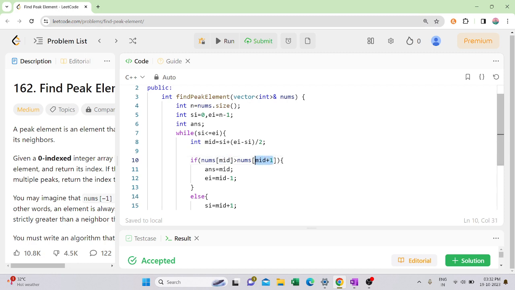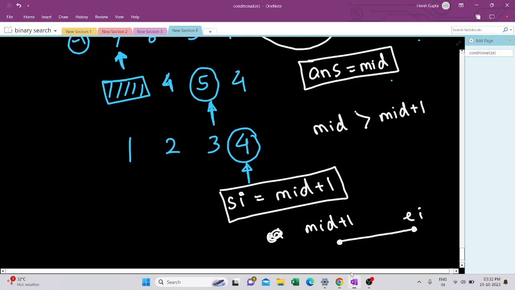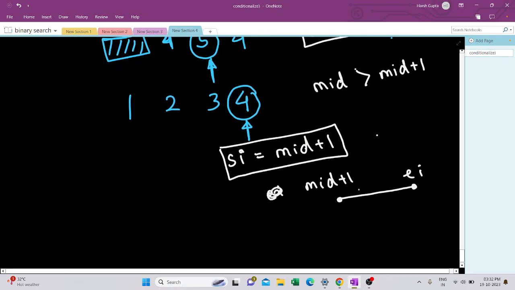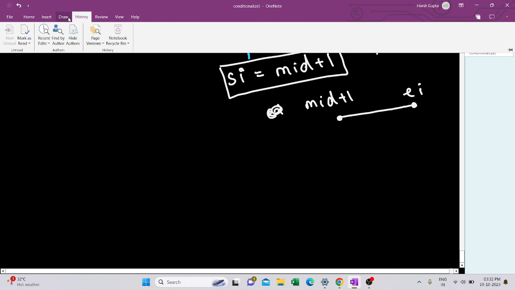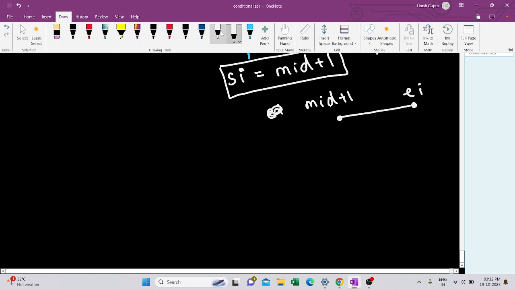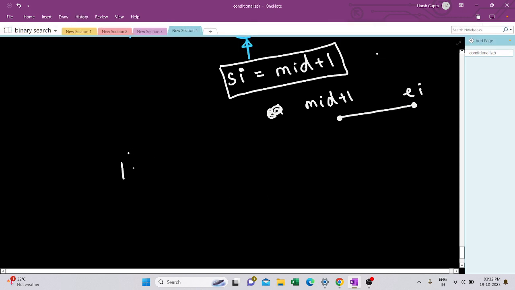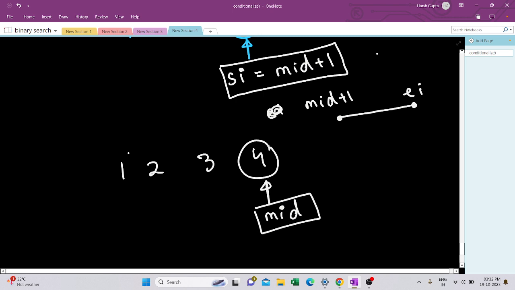What if the mid is the last element of the array? Let's suppose you have an array like 1, 2, 3, 4 and you get mid as this. Just tell me when you will get mid as the last element of the array.